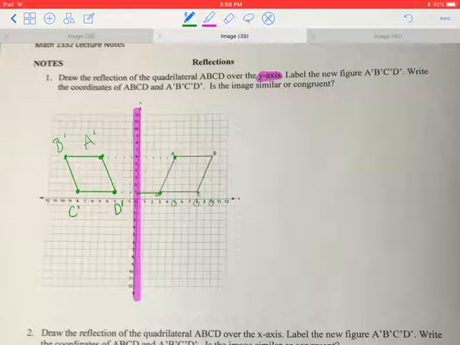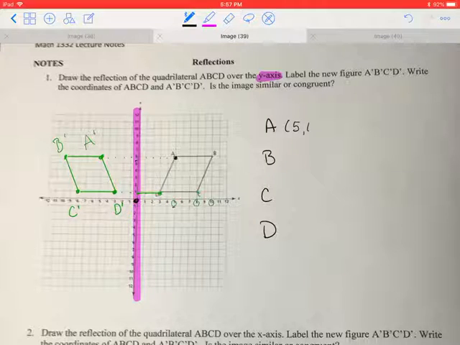So I also want to go back and I want to find the coordinates of my points. So we're going to do the original first. All right, so if I look at point A, remember to get a location, we start at the origin or the middle of the graph, and our first number tells us left to right. So to get to A, I have to go right 5 and up 6.